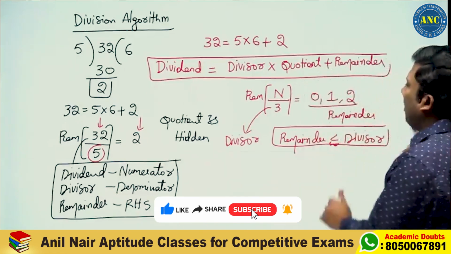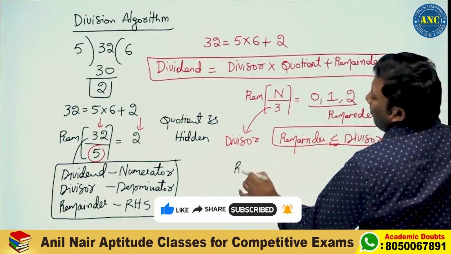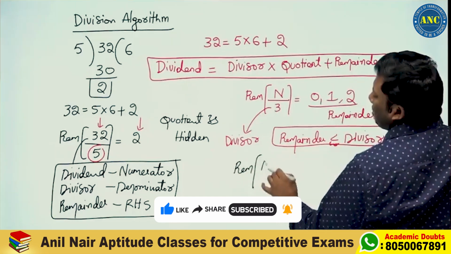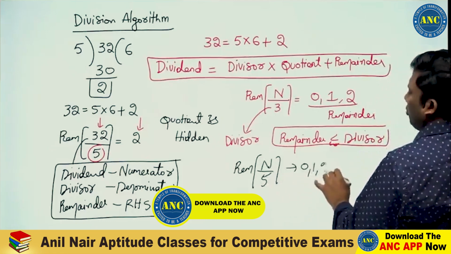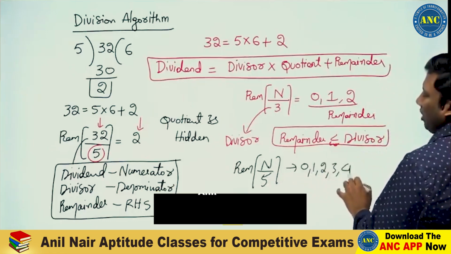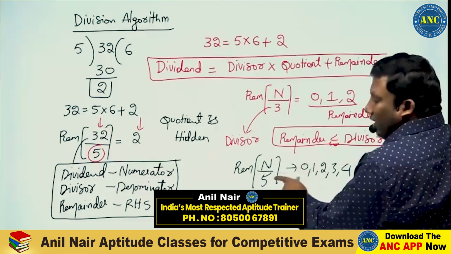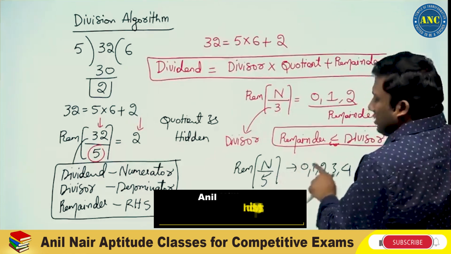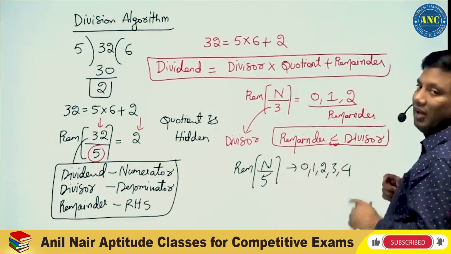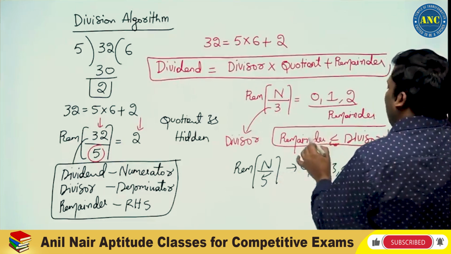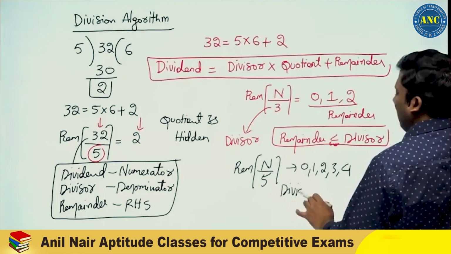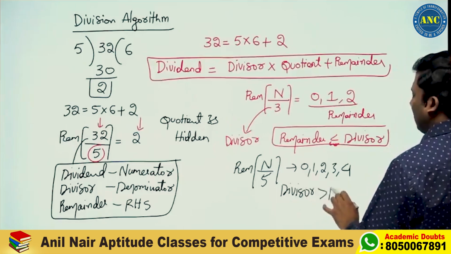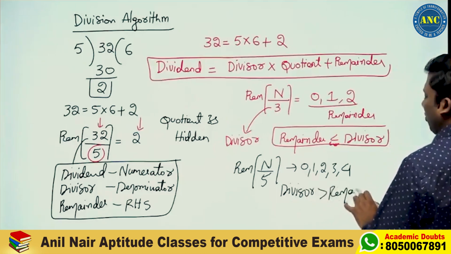When you divide a number by 5, you will get 0 or 1 or 2 or 3 or 4. 0 is less than 5, 1 is less than 5, 2 is less than 5, 3 is less than 5, 4 is less than 5. Remainder is less than divisor, or in other words, divisor is always greater than remainder.